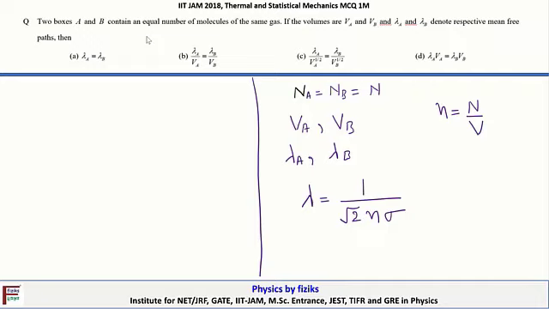And what is sigma? Sigma is equal to pi d square, where d is the diameter of the molecule.